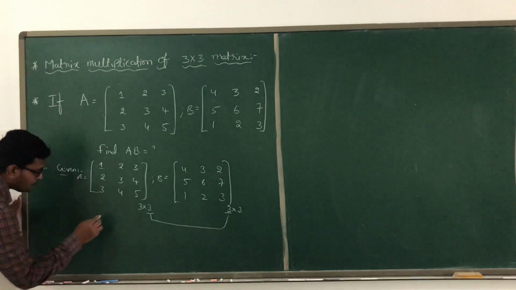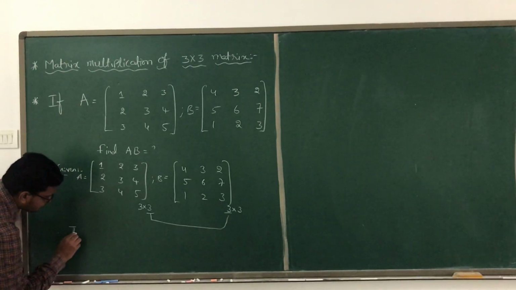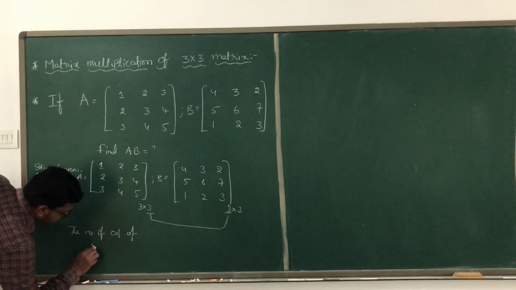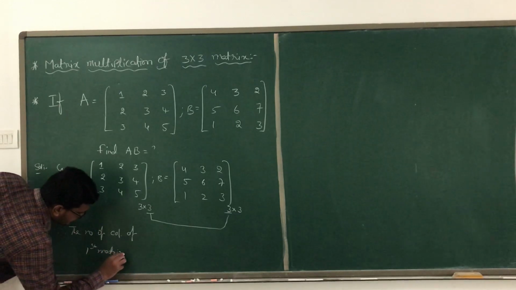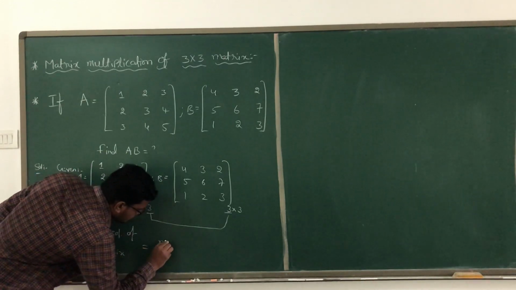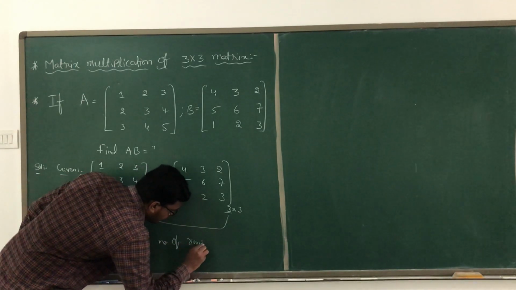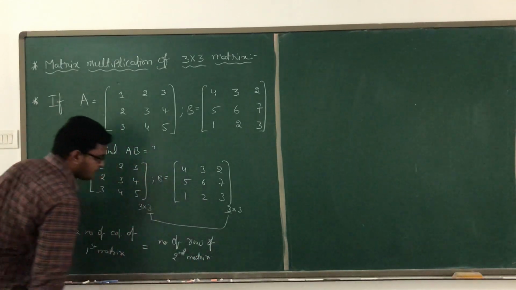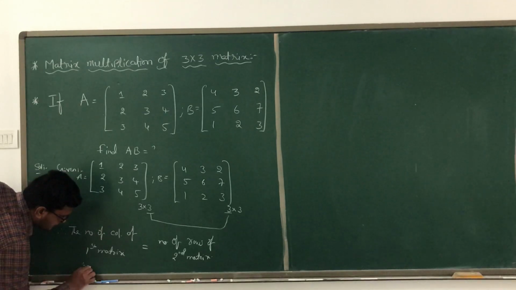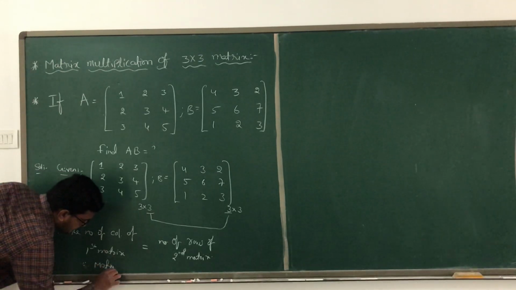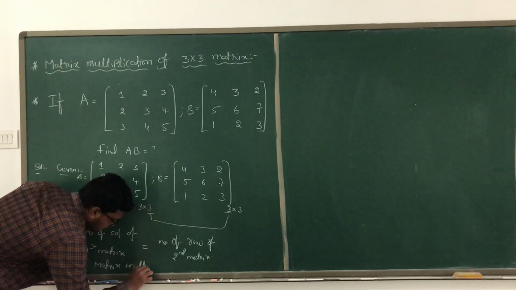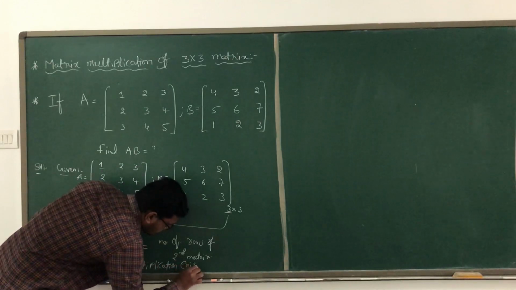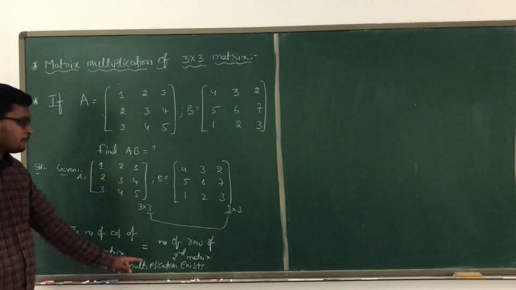Therefore, the number of columns of the first matrix is equal to the number of rows of the second matrix. Therefore, matrix multiplication exists.